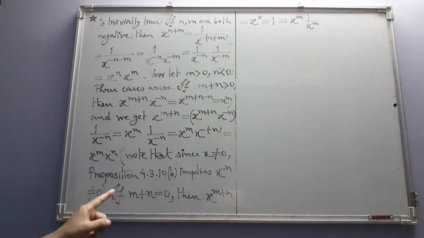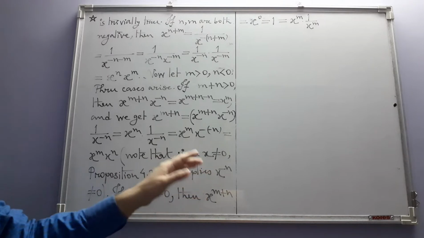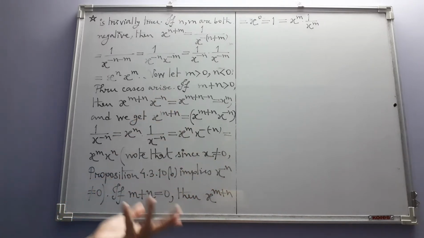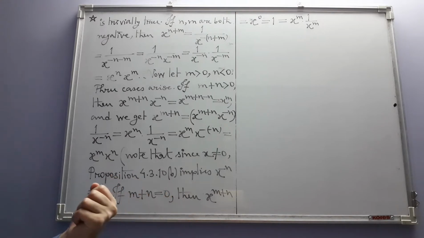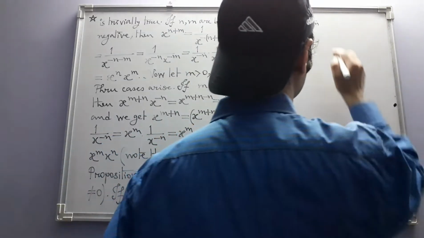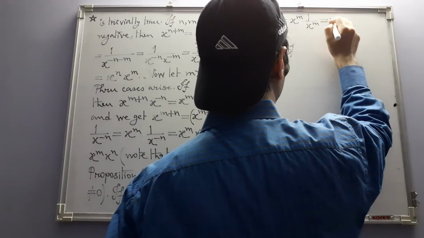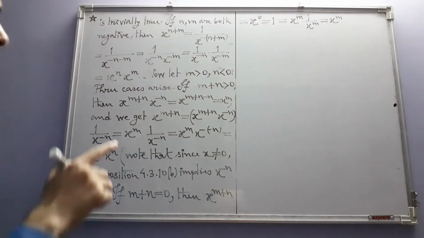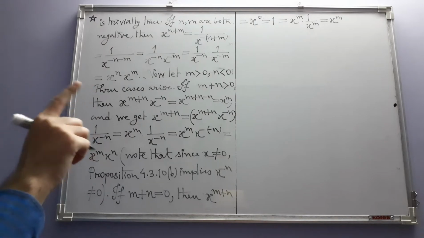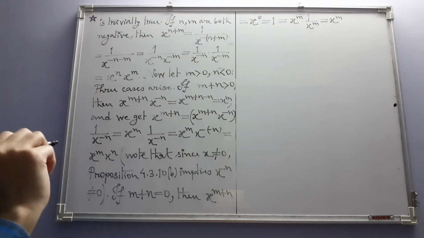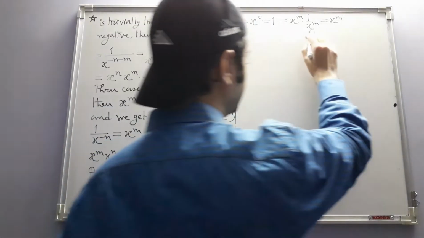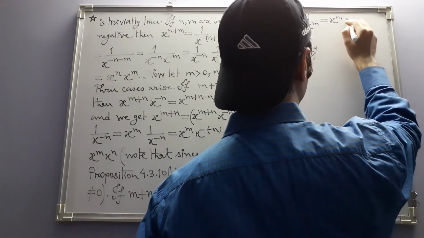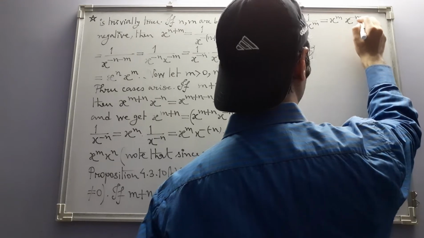Again, note that non-zero-ness of x implies x to the power m is non-zero, where m is a positive integer. Now x to the power m stays like that, but by definition of exponentiation with negative exponent, since m is positive, this is equal to x to the power minus m.